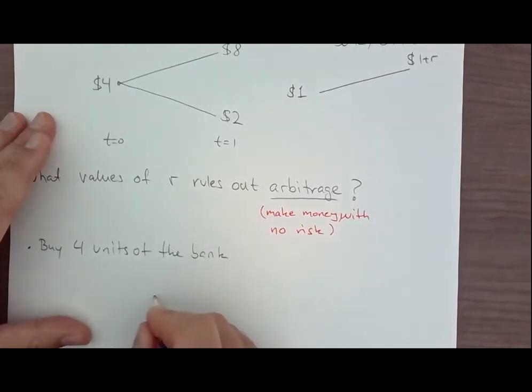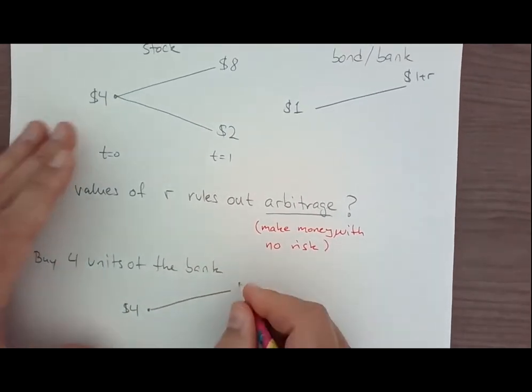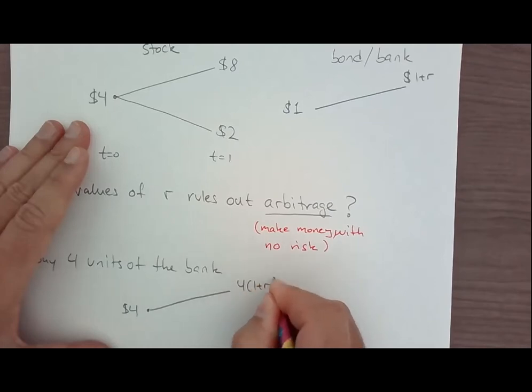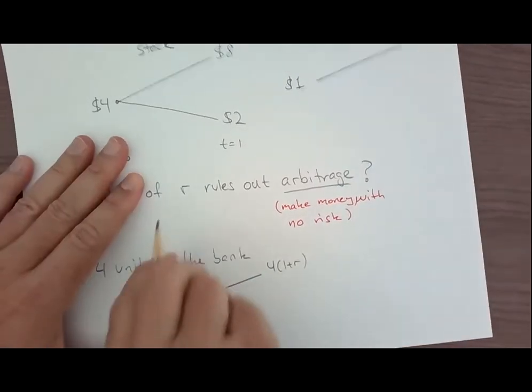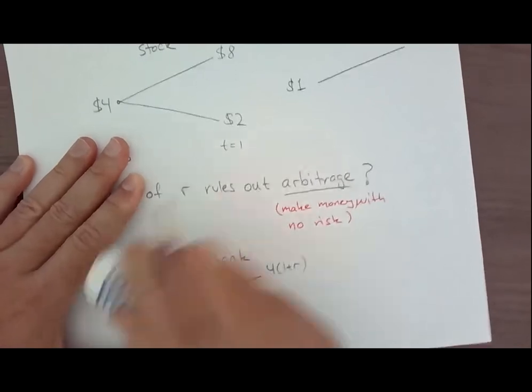Then instead of 1, it would go from 4, and then it will become 4 times 1 plus R. I'm going to stop writing these dollar signs, it's too much. I'll just write 4 here.